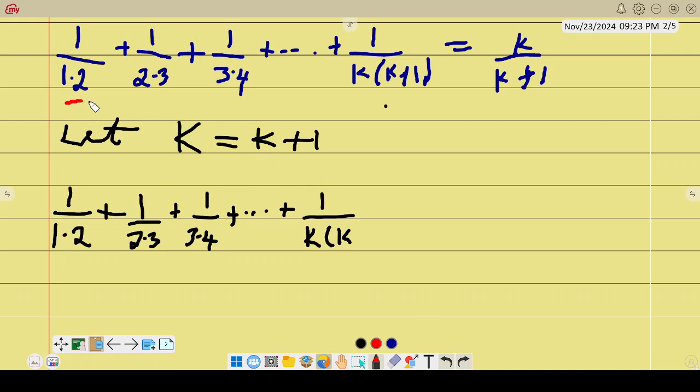Firstly, you write the whole lot of this the way it is up to this point before the equal sign. That's the part I've reached, k plus 1. It is this one which I've written here, which is pretty much the same as what we're going to substitute with.